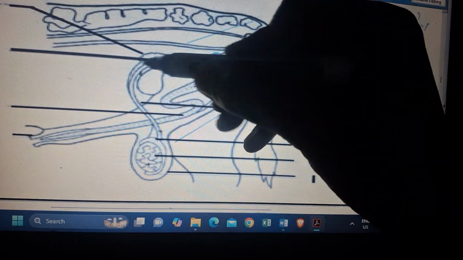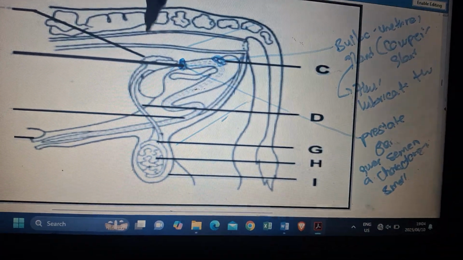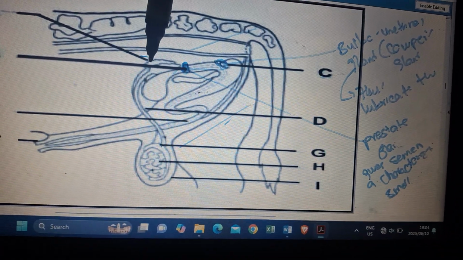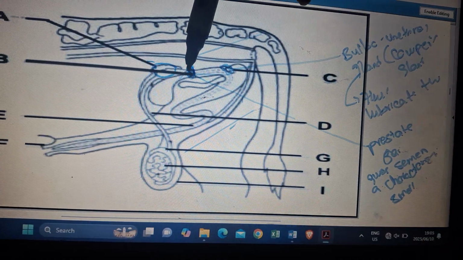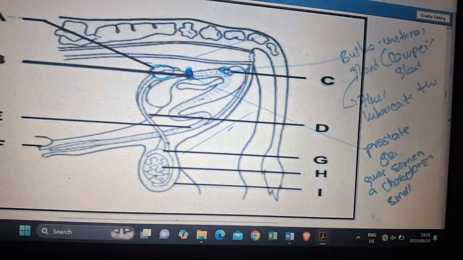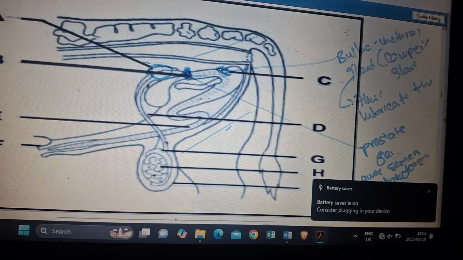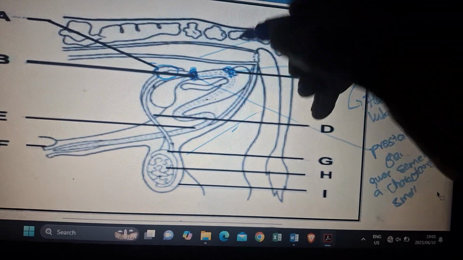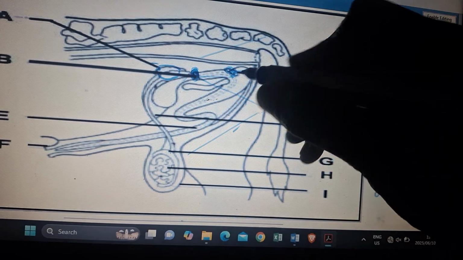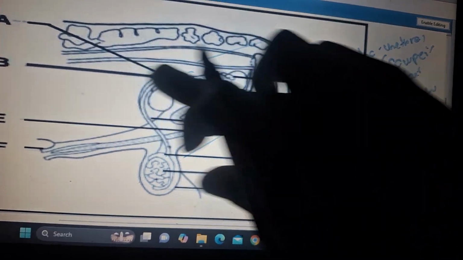So the seminal vesicle produces fluid that will provide nutrients and energy for the sperm. Prostate gland will produce fluid that will give semen a characteristic smell. Cowper's gland or bulbo-urethral gland, this one will produce a fluid that will lubricate the urethra.